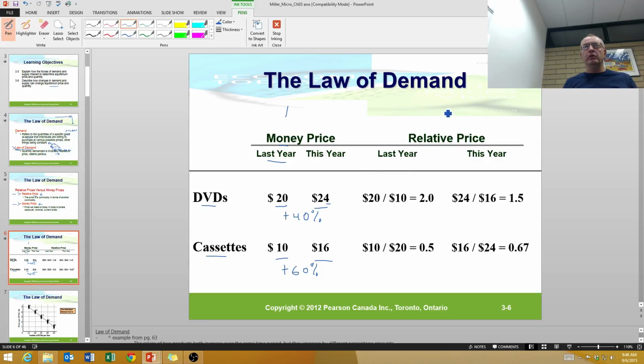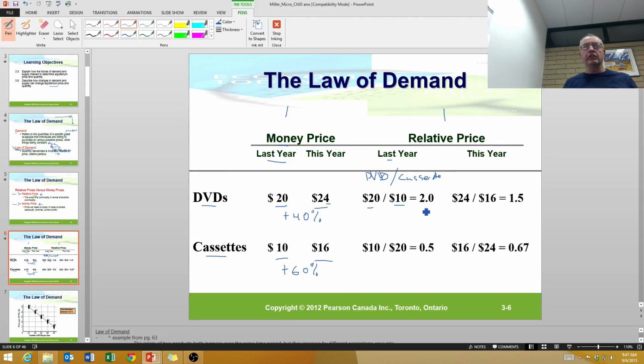So when we look at the relative price, look at last year. DVD per cassette. I'm trying to write neatly. So last year, for $20, we could buy one DVD or we could buy two cassettes.